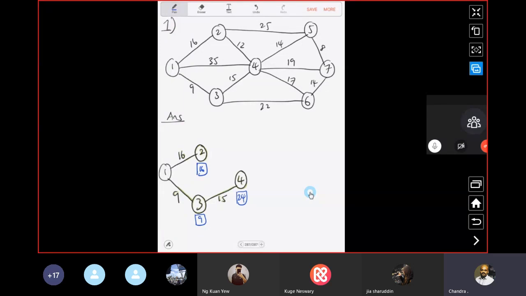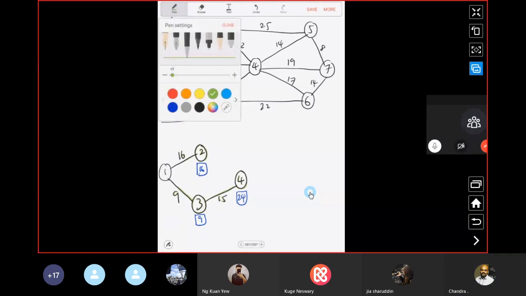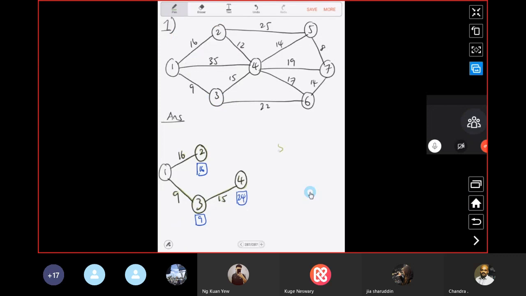Now next is 5 and 6. How can we reach 5 from the connected nodes 1, 2, 3, 4?